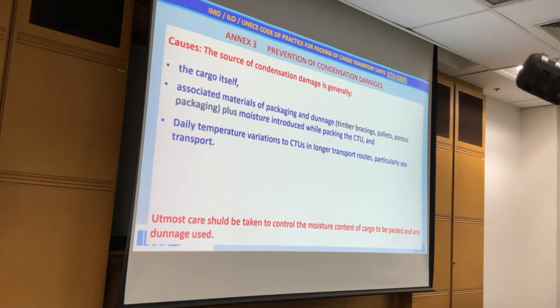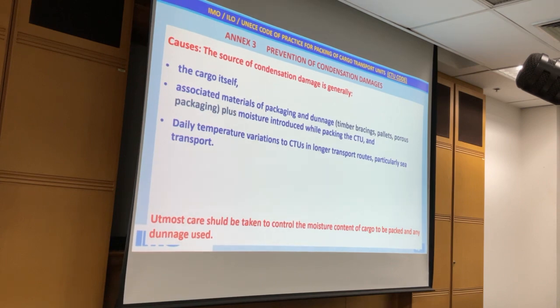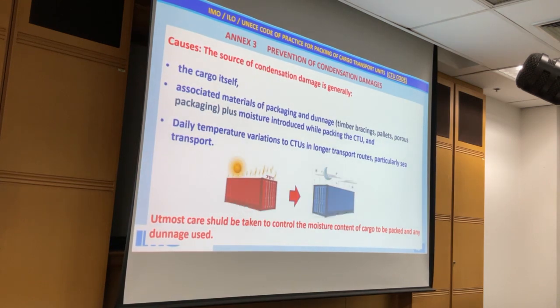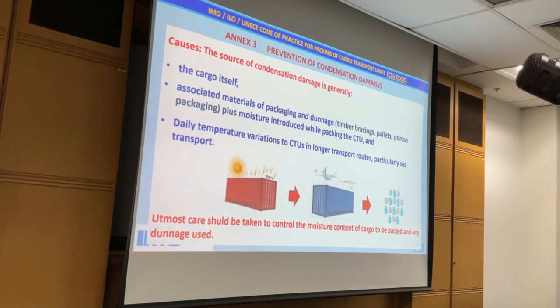Some other devices, ventilation devices, we might have extra, so that these won't happen. The daily changes of temperature are also a cause for moisture integrating in the container walls or on the cargo itself.